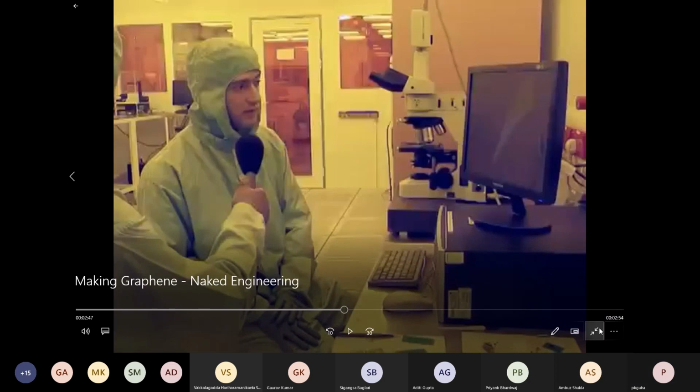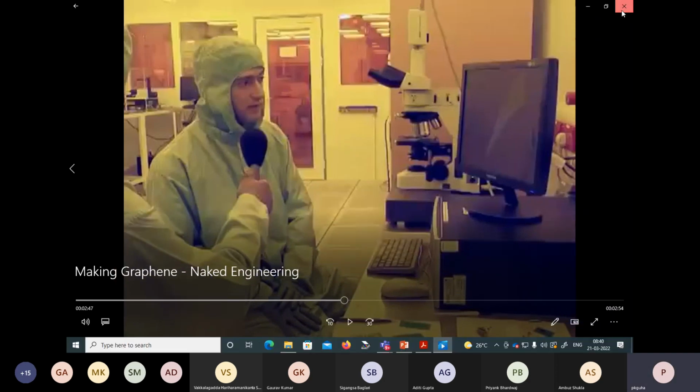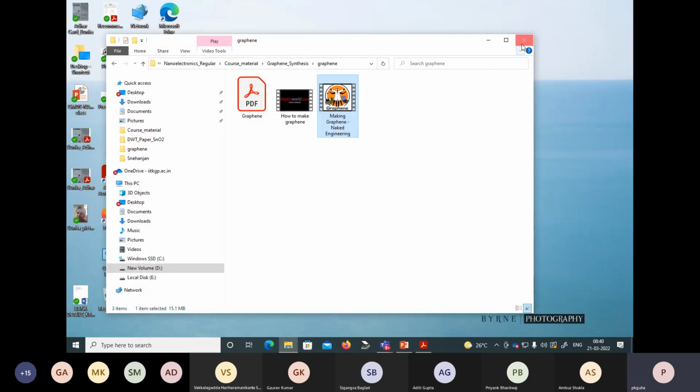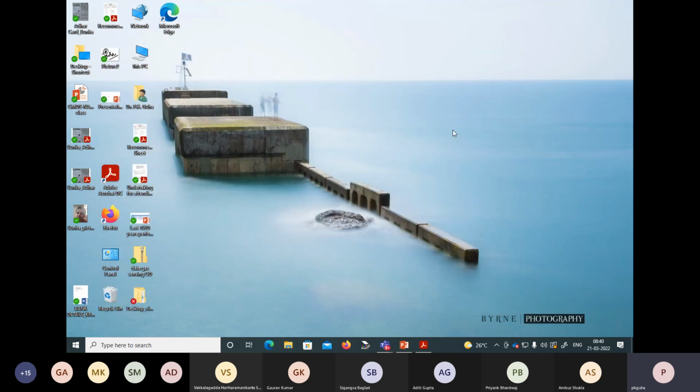Now, the plan is I'm going to start characterization equipment. I will start with SEM, or scanning electron microscope.